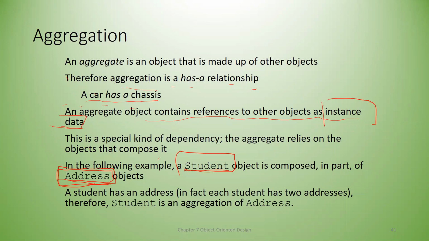You're right, it's an object, and computer is an object. But CPU is part of a computer. A computer is composed of CPU, so this is an aggregation relationship. Okay, that's what that is. It's basically one class has another class as part of its instance data. And that one class not really relies, but it won't be able to function properly without that.